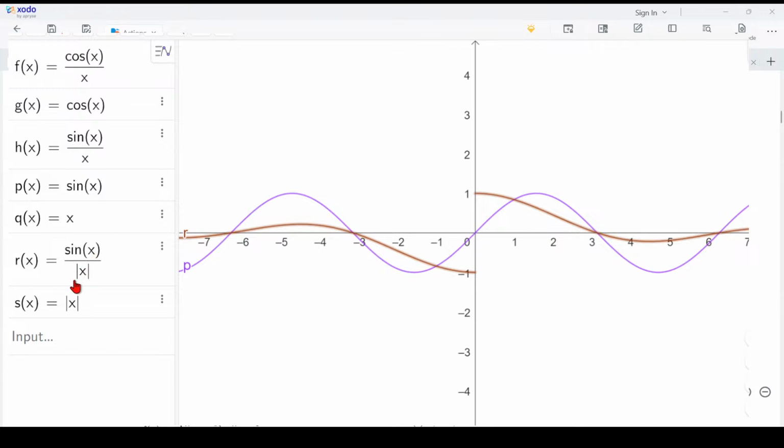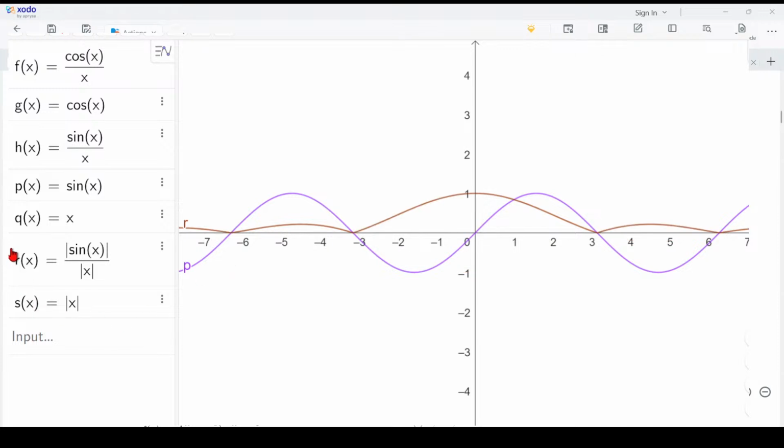When you include a mod x, then this breaks. When you include a mod here also, then it's not a problem.